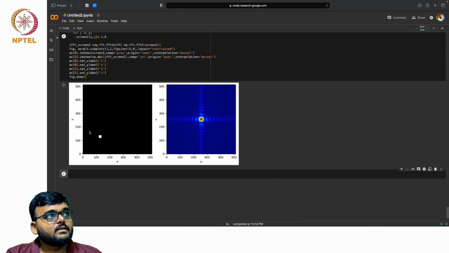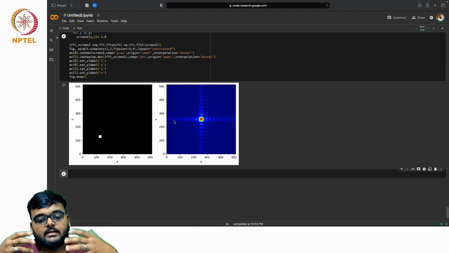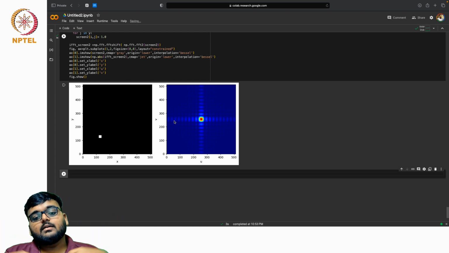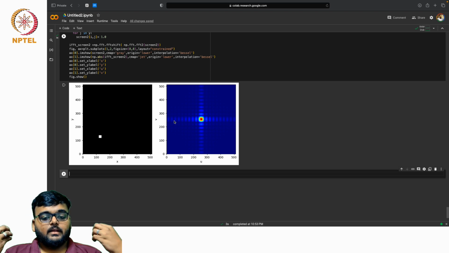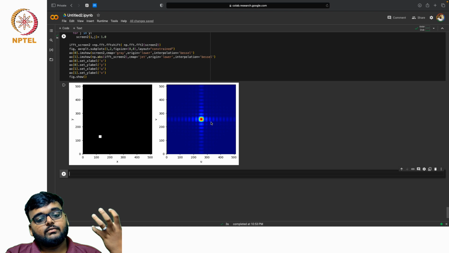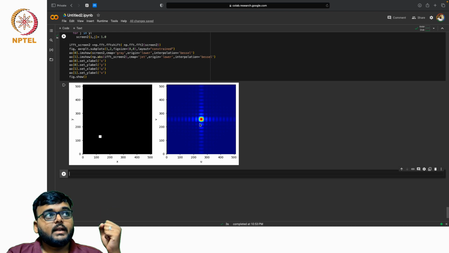See, what we are seeing is a gradual decrease in the pattern. So this is kind of sinc. As the dimension increases, the effect of the fringe decreases, or say the intensity of the distribution decreases. The center intensity is the most.